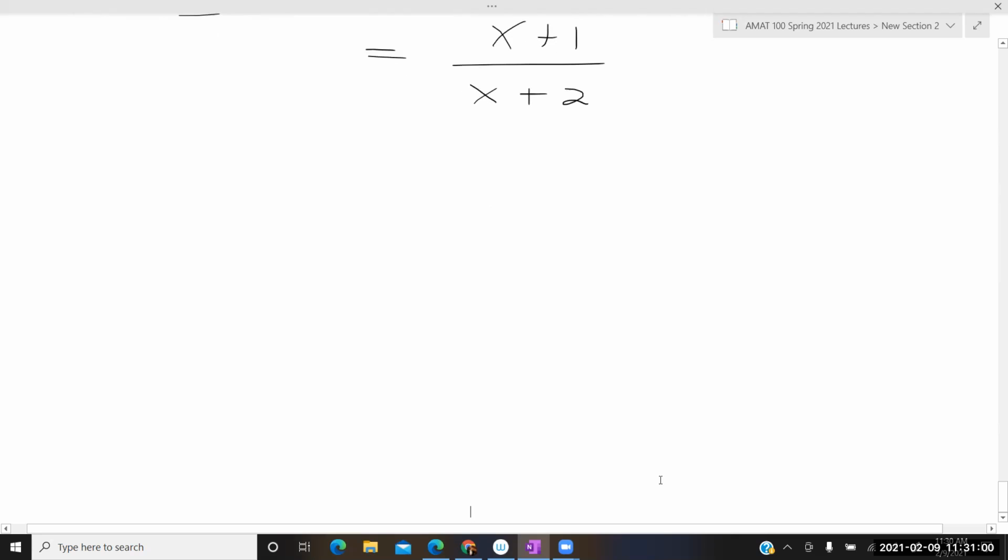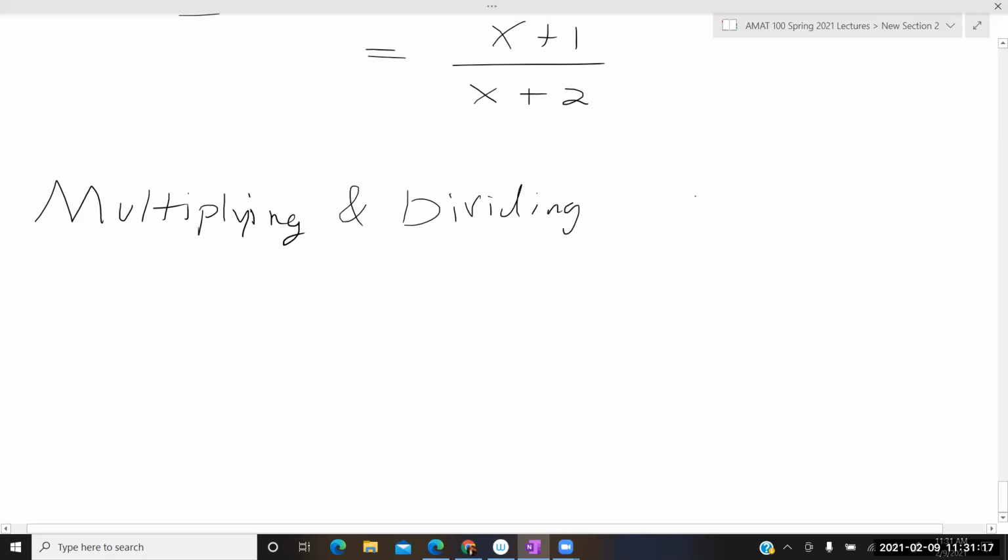Now let's look at multiplying and dividing rational expressions. I'm just going to do multiplying.